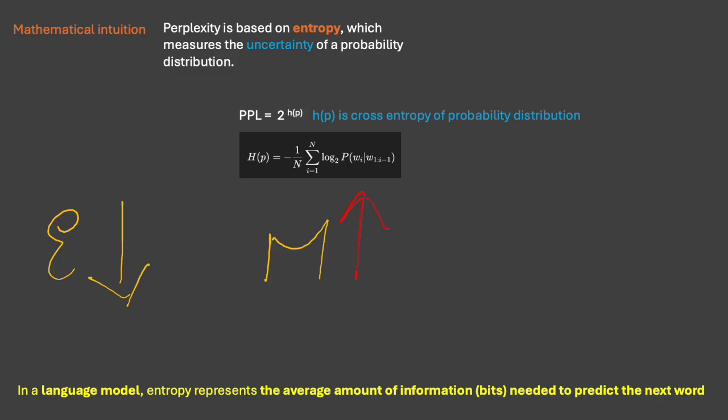But on the other side, if the entropy is more, that means randomness has increased. And if randomness has increased, that means the model is not really doing any good for us. So there is an indirect relation between entropy and the model's performance.